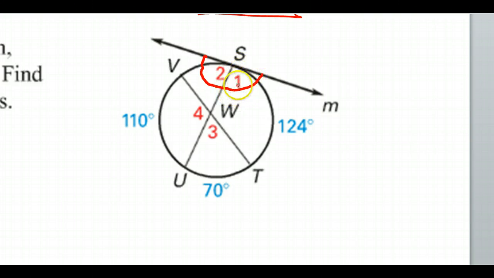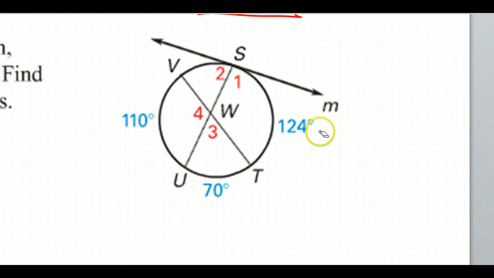So if angle 1 turns out to be 100, then angle 2 will be 80, for example. That's the same thing with what's happening right here with the VT. That is a straight line. That means these two angles have to add up to 180 degrees. So if angle 3 was 80, angle 4 would be 100, for example. So just keep that in mind as we do this problem.